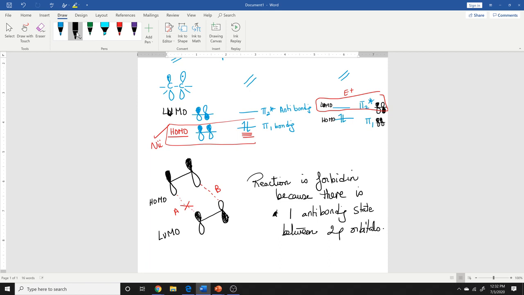As long as you have one anti-bonding state, if everything is bonding except 2 p orbitals are not bonding, then immediately the reaction will not happen.